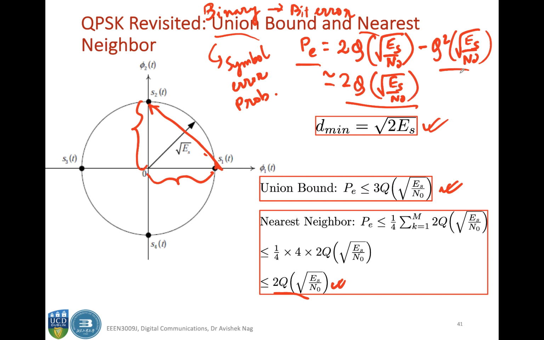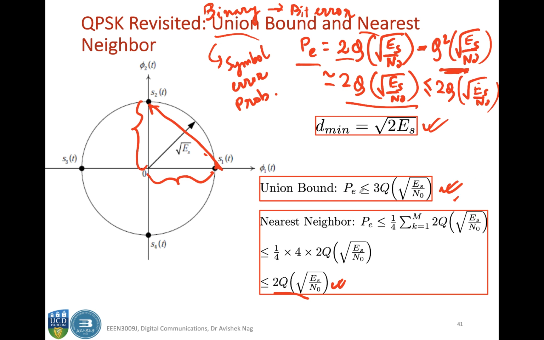Because of this minus, it's actually less than or equal to twice Q of this term. And your union bound is also not bad. It gives you a bound, so this is less than or equal to thrice Q. So of course this value is within the bound that union bound is predicting.